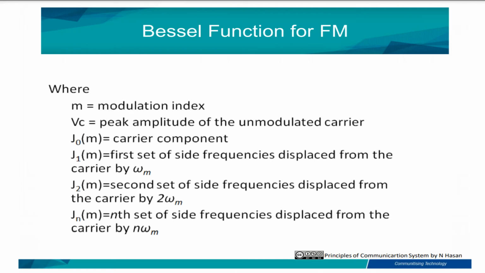In that equation, m is equal to the modulation index, Vc is equal to the peak amplitude of the unmodulated carrier, J sub 0 of m is the carrier component, J sub 1 of m is the first set of side frequencies displaced from the carrier by omega m, J2 of m is the second set, and J sub n of m is the nth set of side frequencies displaced from the carrier by n times omega m.